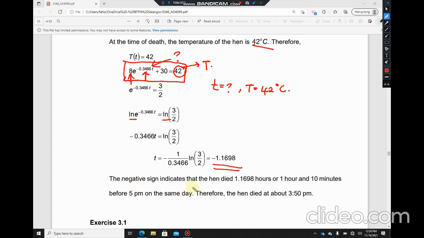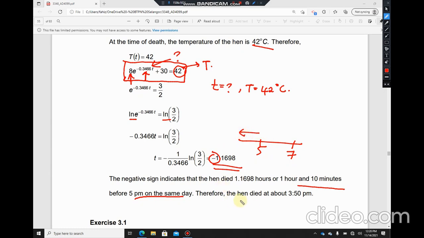The negative sign indicates that the hen died 1.1698 hours or 1 hour 10 minutes before 5 PM on the same day. Nilai negatif ni maksudnya yang dia mati pukul 5, then pukul 7 maknanya dia mati sebelum ni.